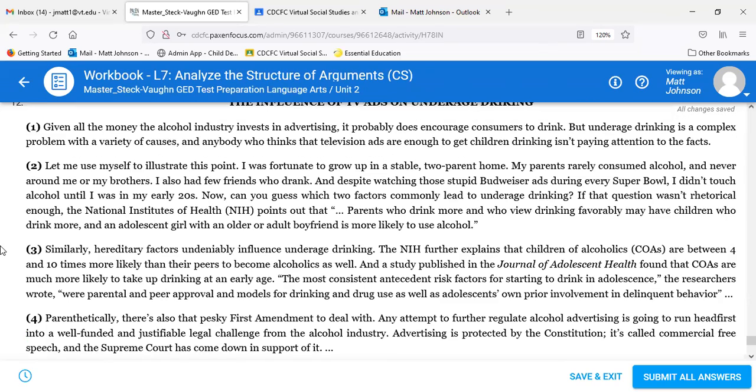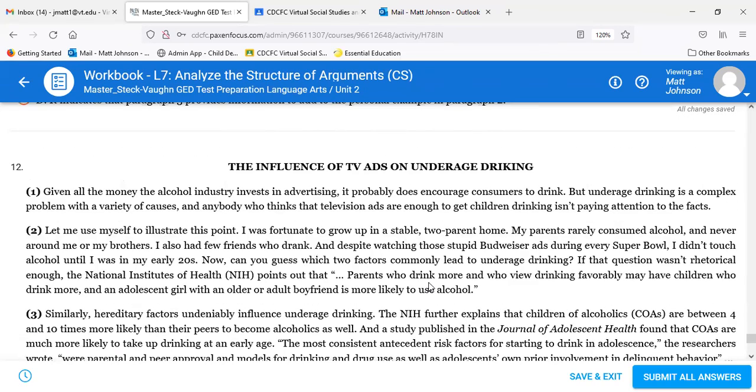And another thing I want to point out real quick before we finish, she uses an anecdotal piece of evidence, right? She says, let me use myself to illustrate the point. I was fortunate to grow up in a stable 2-parent home. My parents rarely consumed alcohol. If she only used her account, that would be anecdotal. But this is a really fleshed out idea.